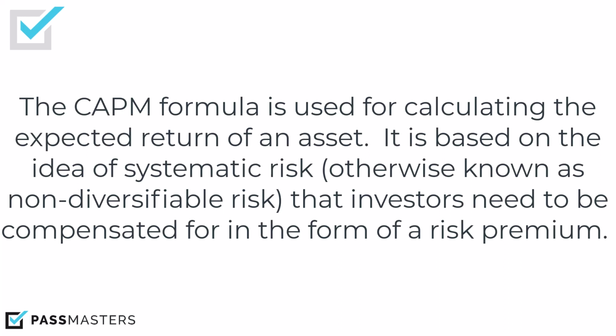The expected return of the market minus the risk-free rate. The capital asset pricing model formula is used for calculating the expected return of an asset. It is based on the idea of systematic risk, otherwise known as non-diversifiable risk, that investors need to be compensated for in the form of a risk premium.